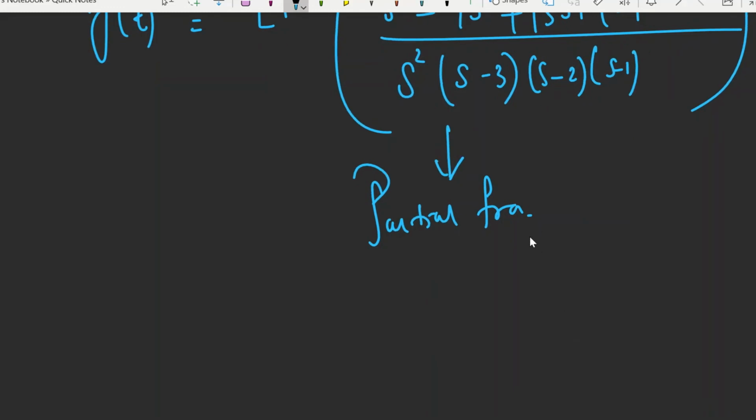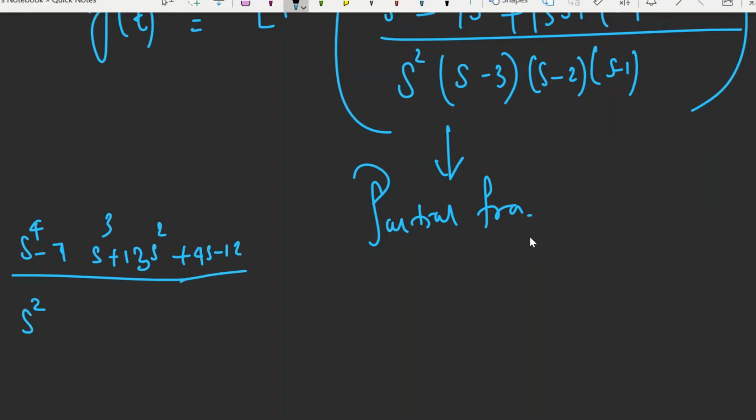So how can we factorize this expression? Numerator s power 4 minus 7s cube plus 13s square plus 4s minus 12. In the denominator s square, s minus 3, s minus 2, s minus 1.